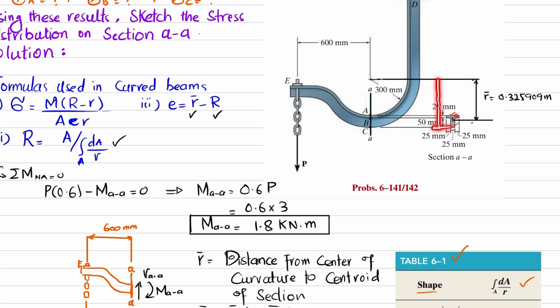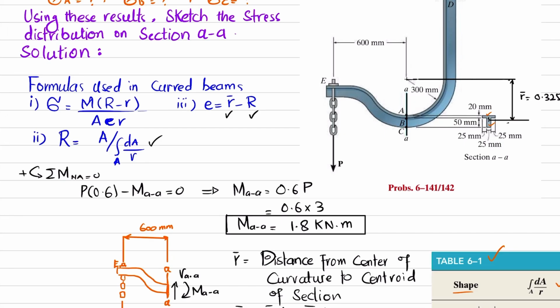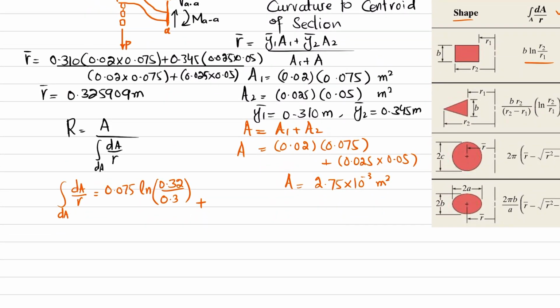This total height is 50 plus 20 plus 300, which is 370, so R2 will be 0.370. And the width or breadth is 25 millimeter, which is 0.025, into ln of R2 over R1. R2 was 0.37 divided by R1, which was 0.32.